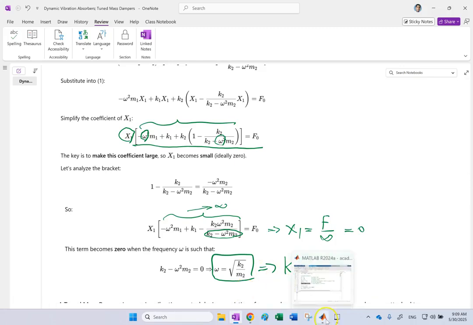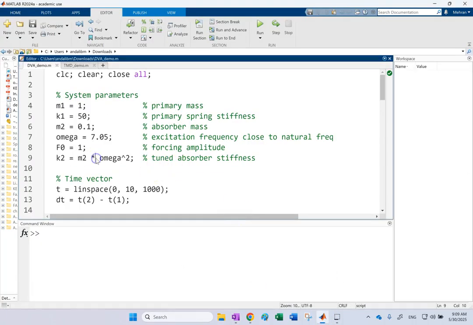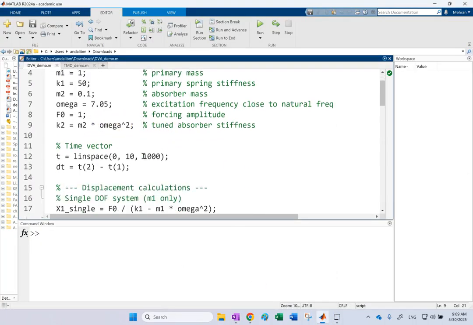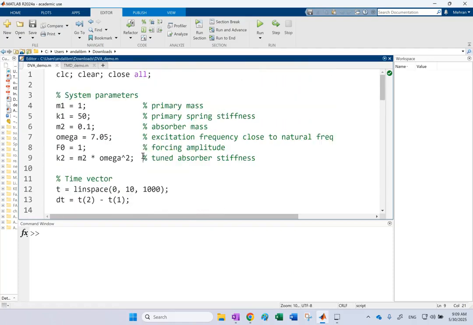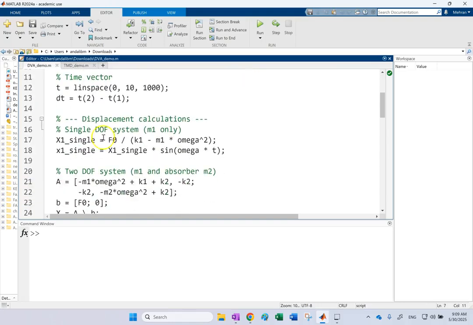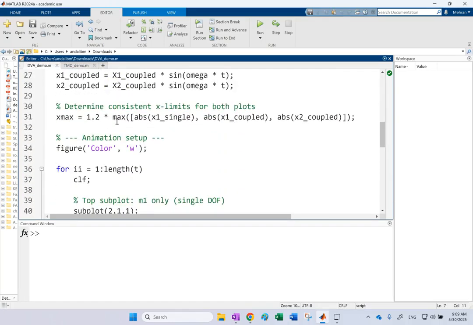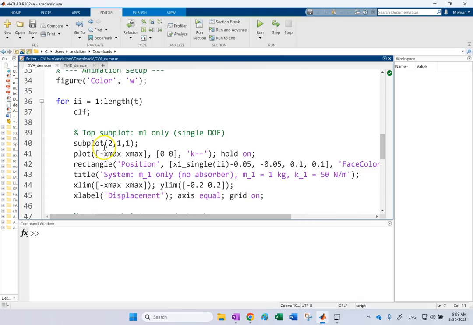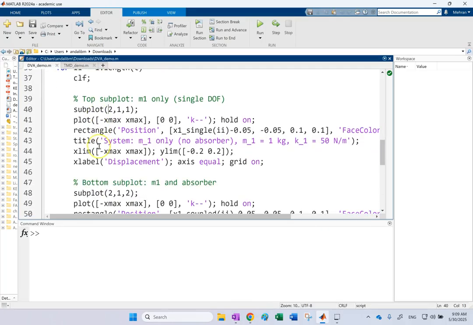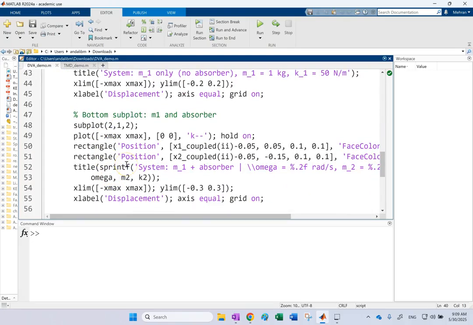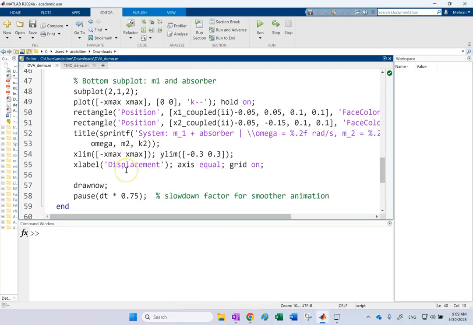So I pick M2, solve for K2, and I get my K2, and then I'm going to apply a harmonic force with magnitude 1 with that frequency, and I'm going to show you two separate animations. The top one is basically the motion of mass m1, and the bottom one is the motion of m1 and m2 together.